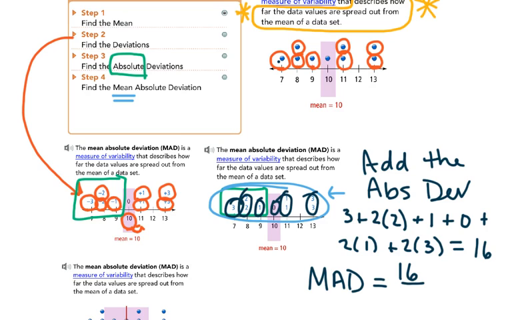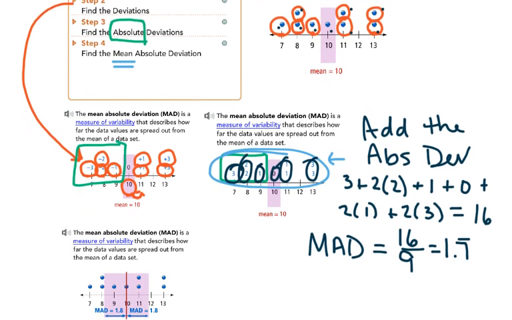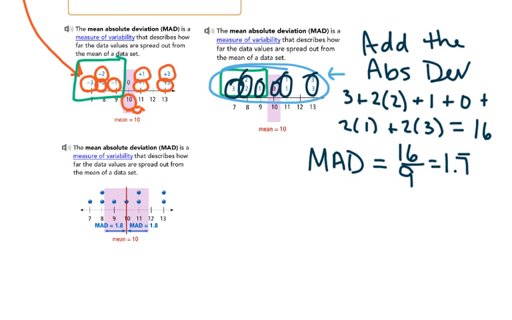There are 1, 2, 3, 4, 5, 6, 7, 8, 9 numbers. So divide by 9. And we get 1.7 repeating. Notice down here, they say the mean absolute deviation is 1.8 because they rounded 1.7 repeating.